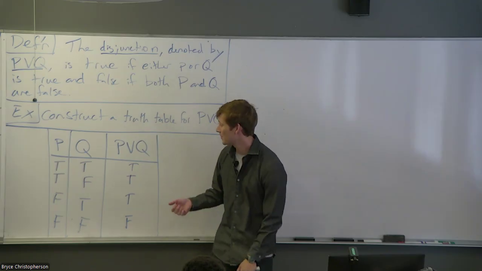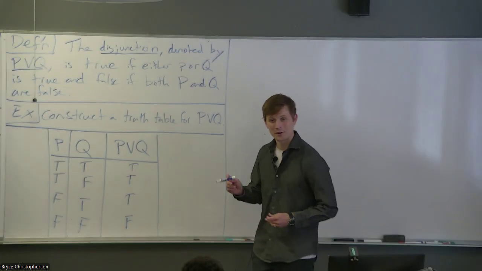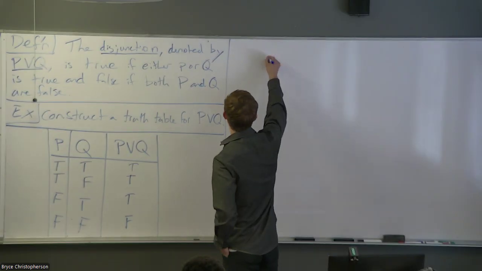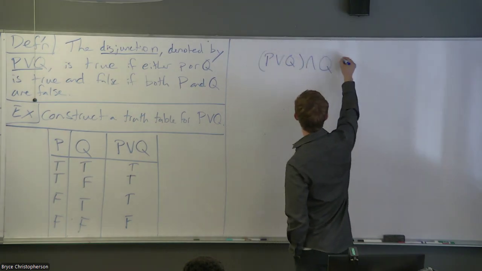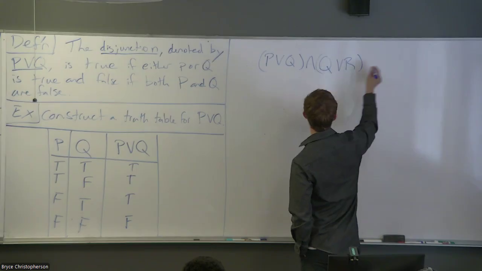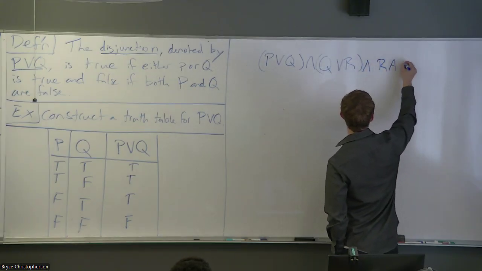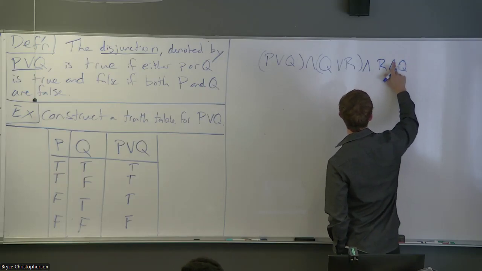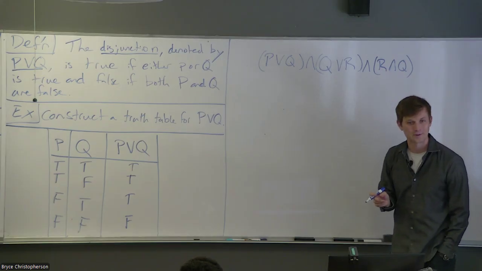It might seem really easy to come up with the truth table for P or Q, but if you wanted to make a truth table for P or Q, and Q or R, and R and Q, and not A, this is much less obvious what it should look like, right?